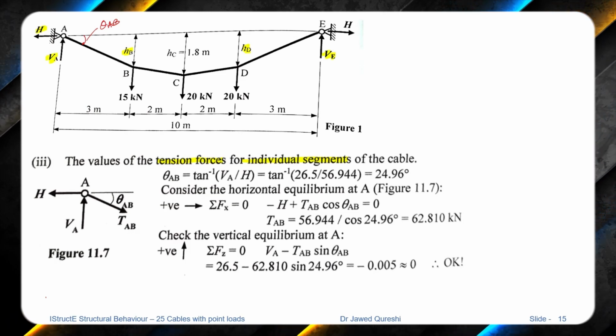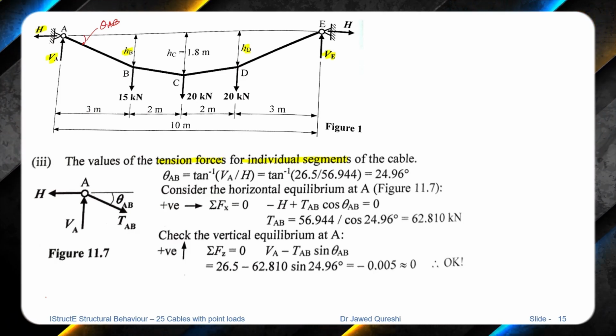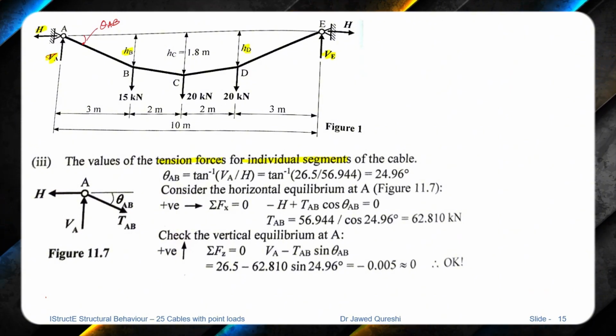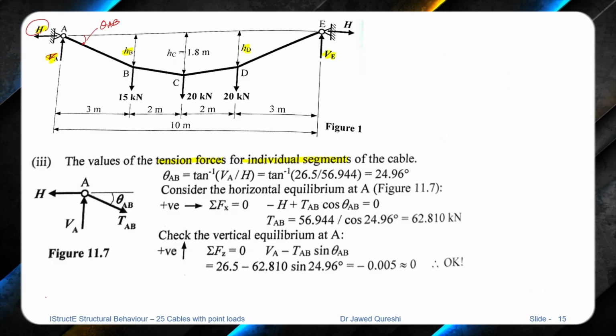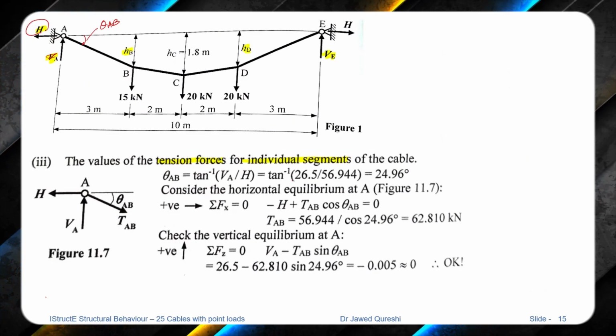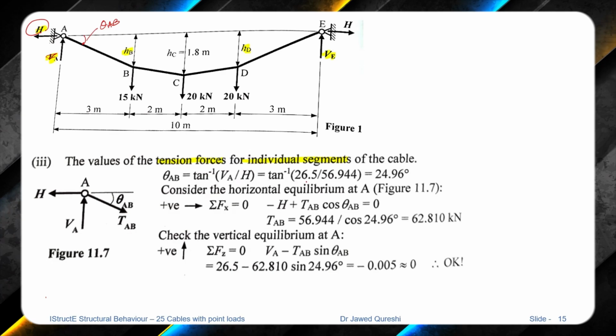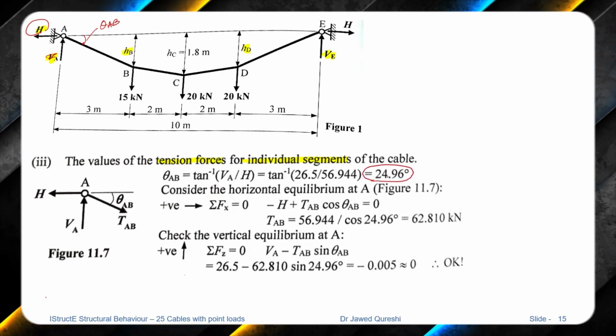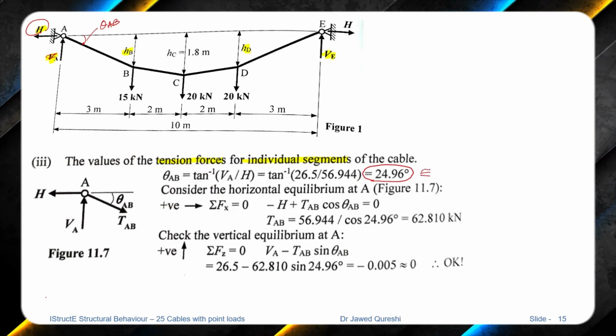So tangent is equal to opposite divided by adjacent. So the opposite force is vertical, which is VA, and adjacent is H. So tangent inverse of VA over H, I get the value as 24.96 degrees, or I can say roughly 25 degrees as well.